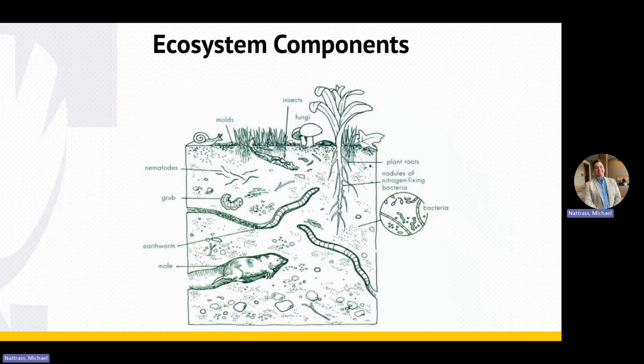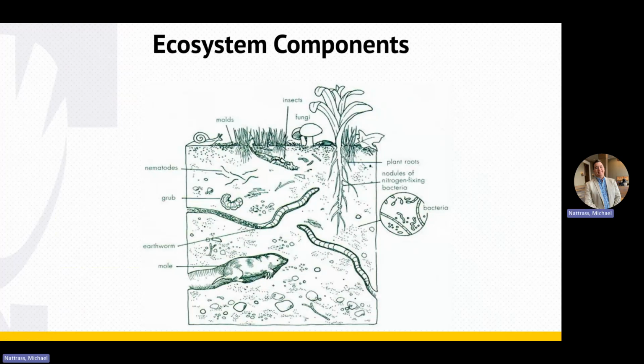So just a closer look at this, we've got our macro and micro flora, we've got our plants, and we've got things that are growing above ground, the things that are underground that we really can't see, but we have knowledge that they're there. But again, there's billions of these different bacteria and these different fungi and these different grubs.